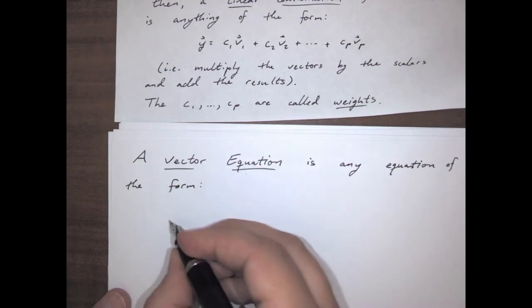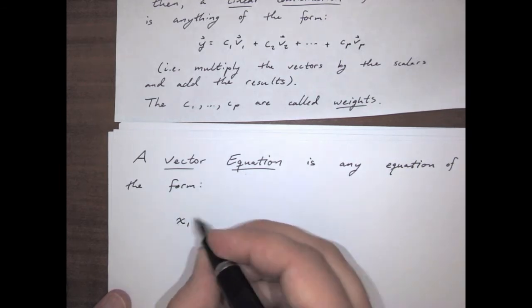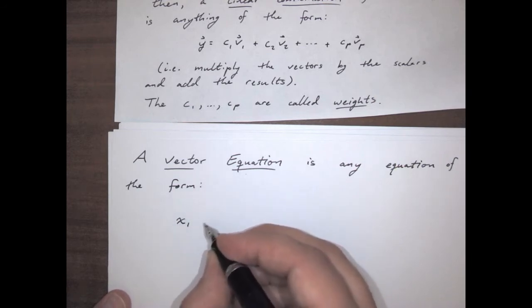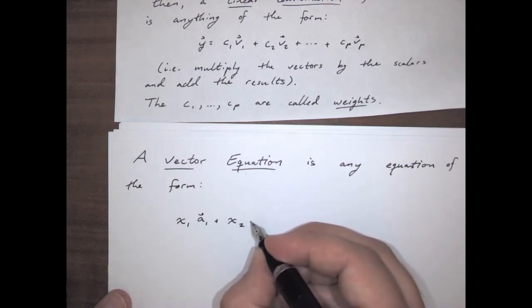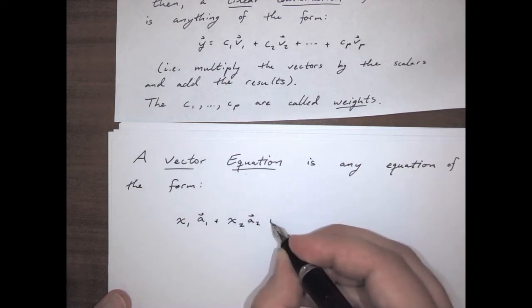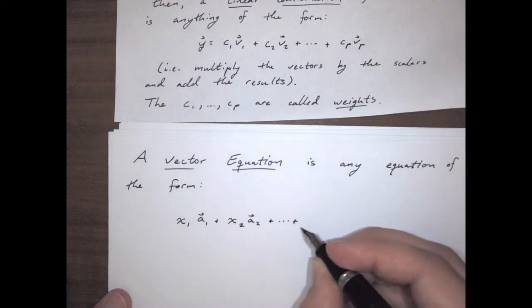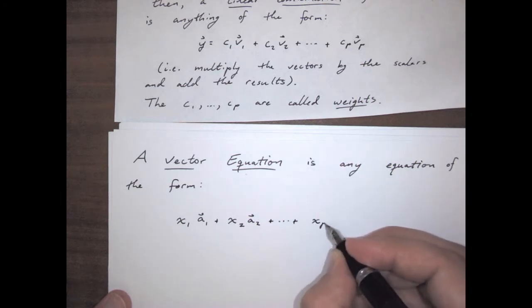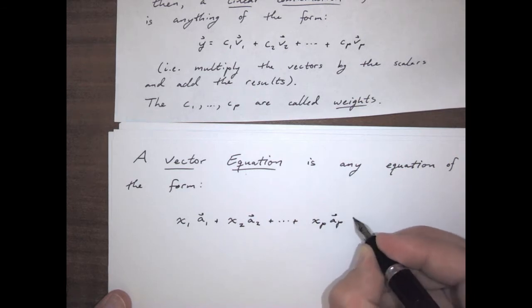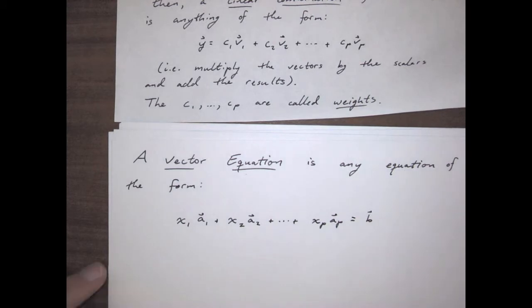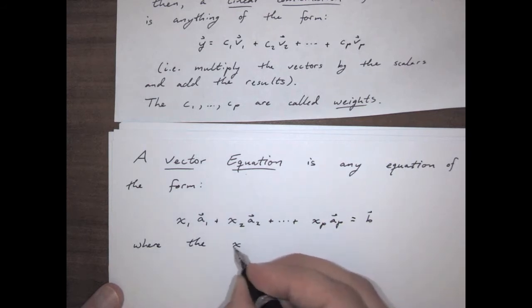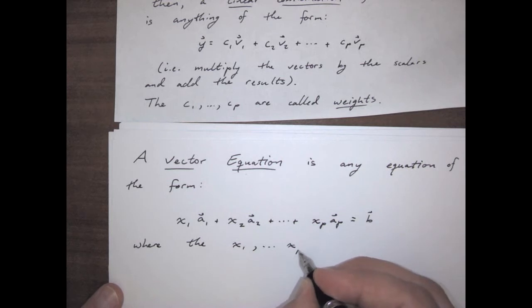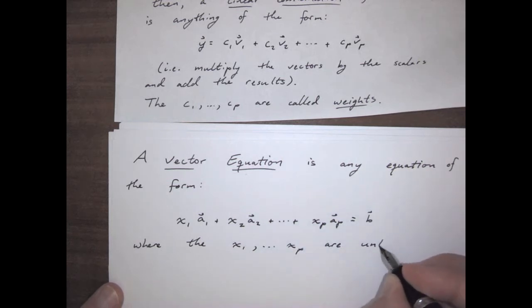We will have x1, not a vector, just a scalar x1, a1, the vector, plus x2, a2, plus dot dot dot, plus up to xp, ap, and this is all going to equal the vector b, where the x's, x1 up through xp, are unknown scalars.